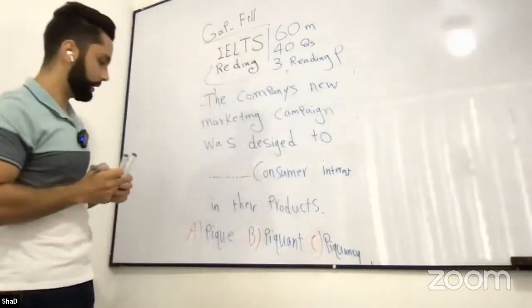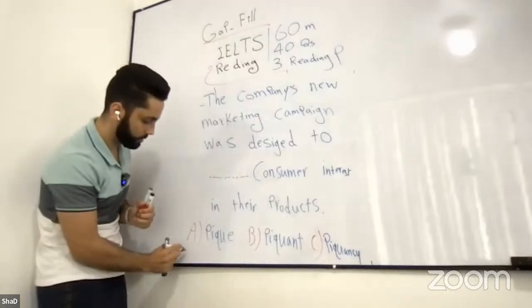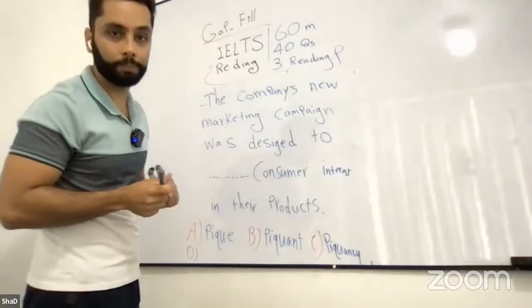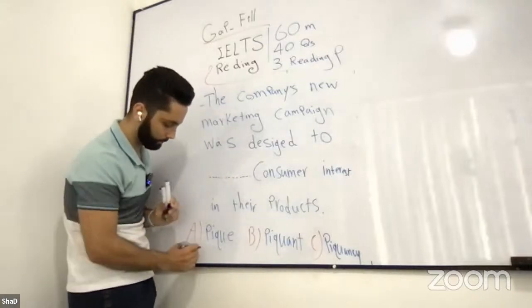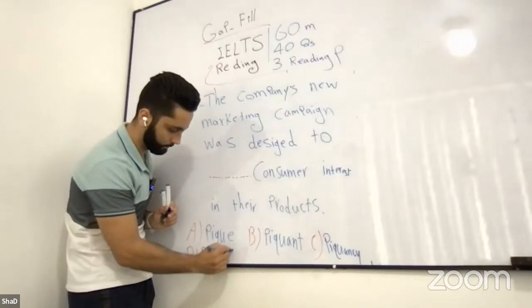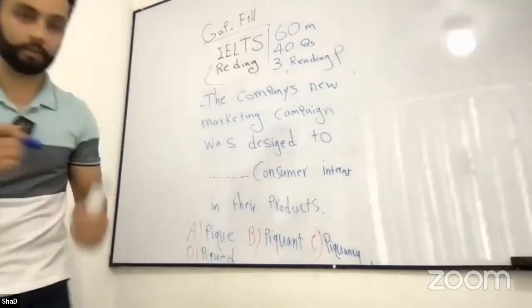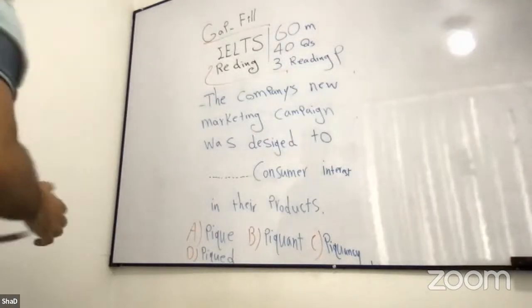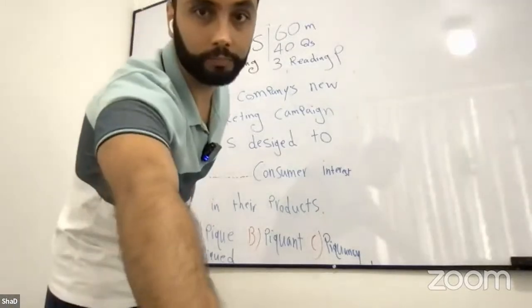All right. And then we have a D option, which is peaked, with a D at the end, okay? See if you can see it.